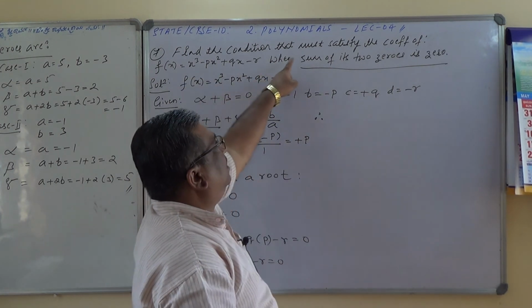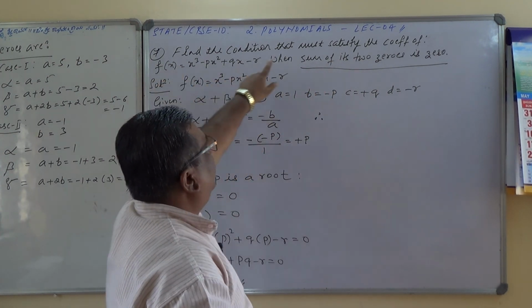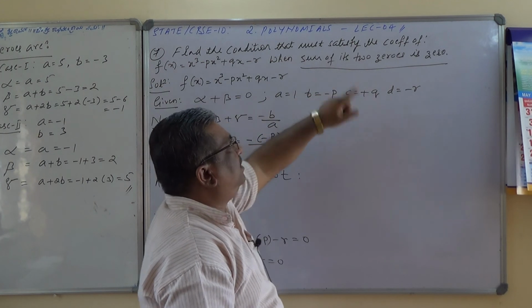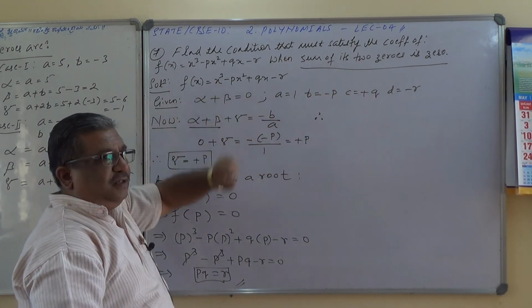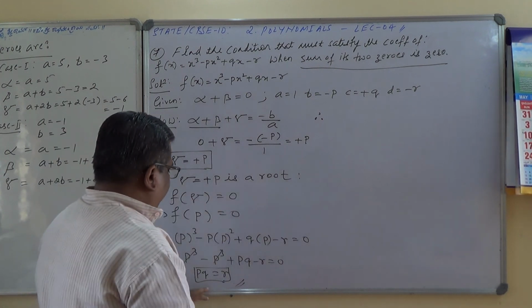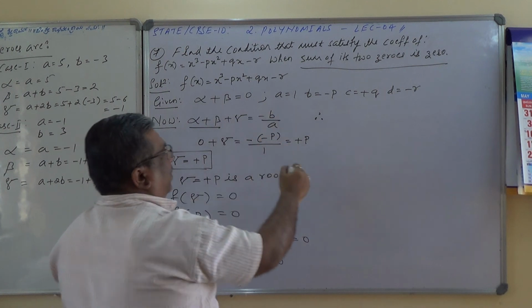find the condition that must satisfy the coefficients of this polynomial when the sum of its zeros is 0. What are the coefficients? P, Q, R, etc. are the coefficients, isn't it? Therefore, the condition is PQ.